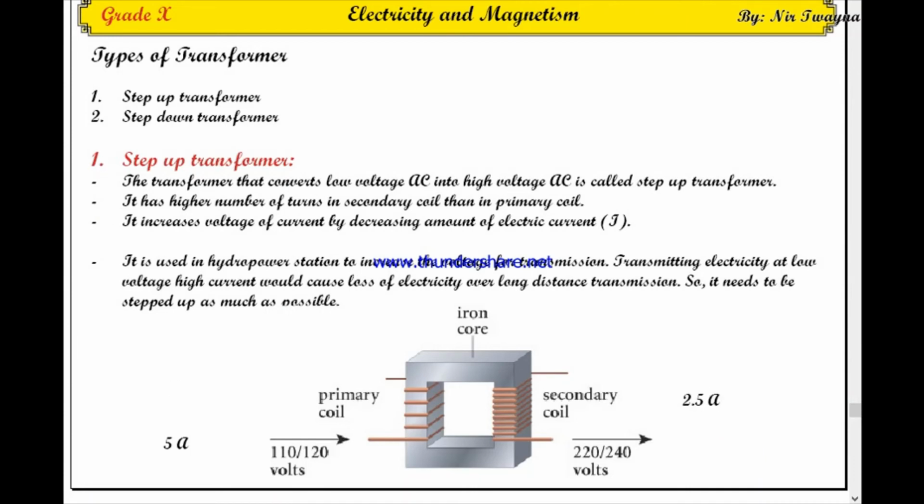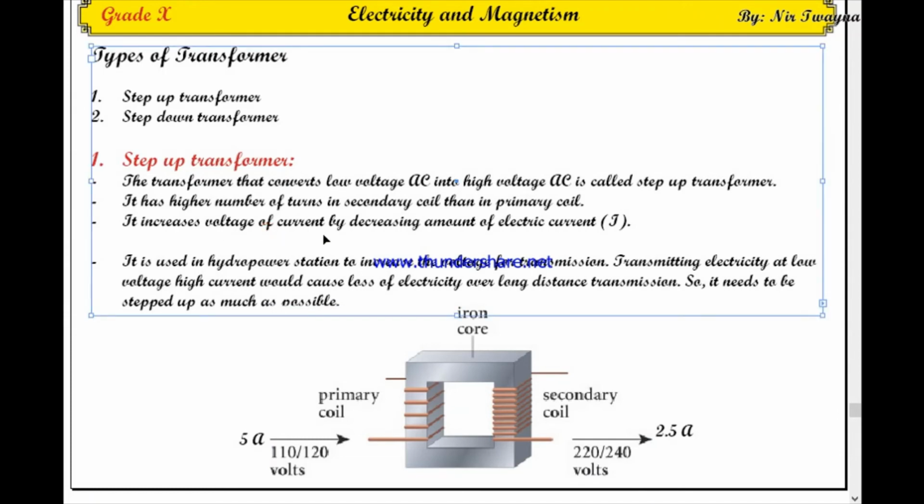See, the amperage is reduced whereas voltage is increased. Understood? Step up transformer increases voltage of current by decreasing amount of current.